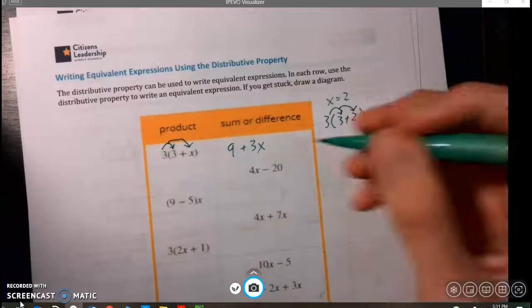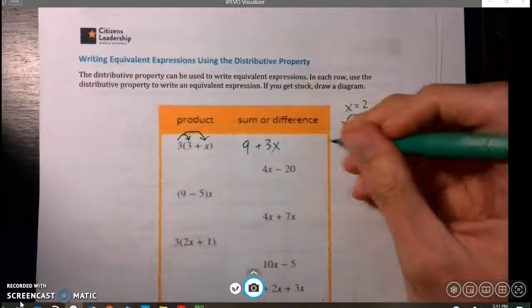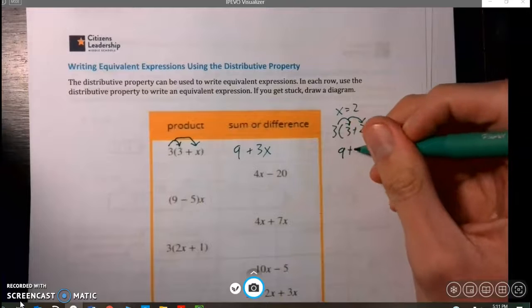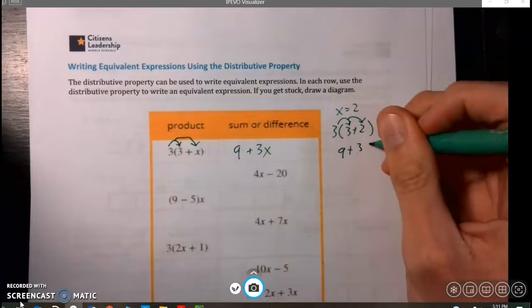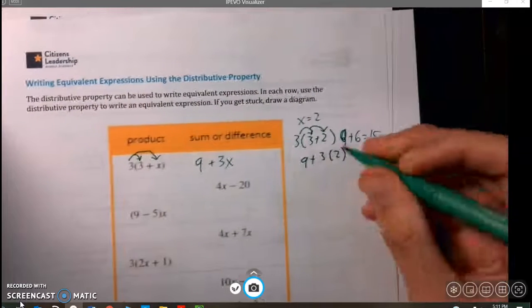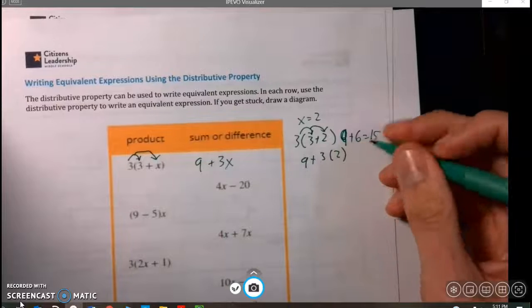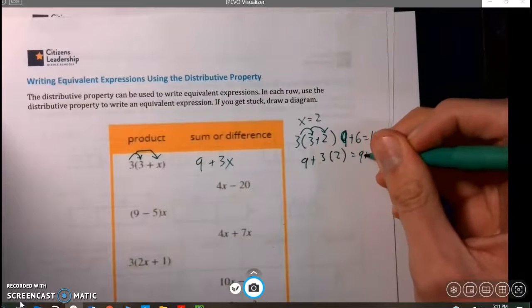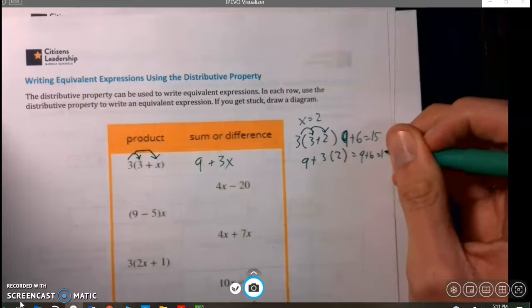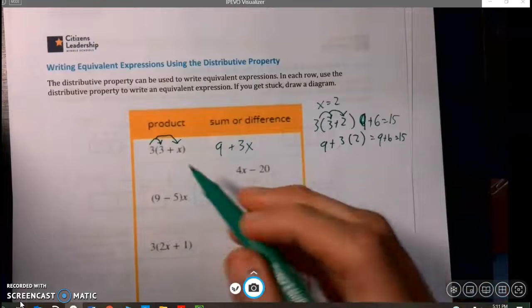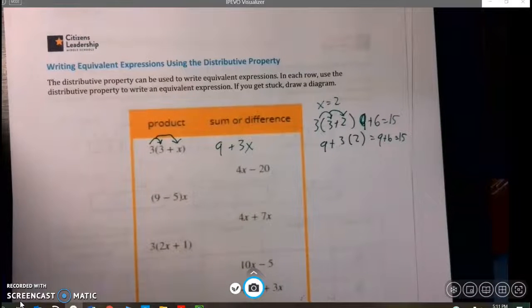And then we could also plug it into this expression, 9 plus 3x, but I'm going to substitute in 2 for x. Using the order of operations, we would have to do 3 times 2 first, so this would turn into 9 plus 6, and we get 15. So once again, these are equivalent expressions. If I plugged in a number for x, I would still get the same answer.